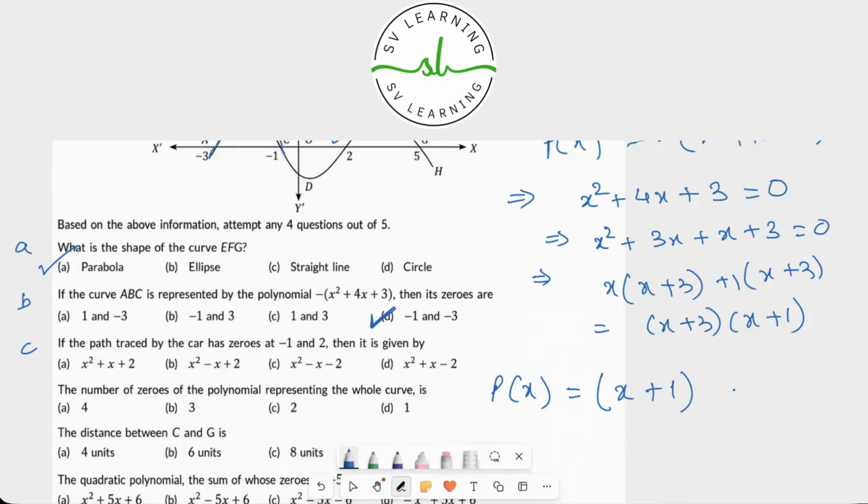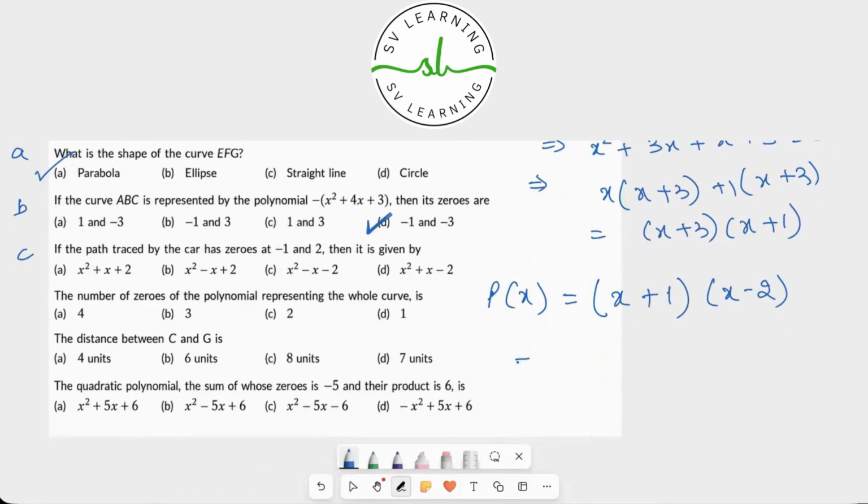If 2 is a zero, then x minus 2 is a factor. That is one way of creating a polynomial, and we can just multiply this to get x square minus 2x plus x minus 2. So I'll get x square minus x minus 2 as the polynomial.